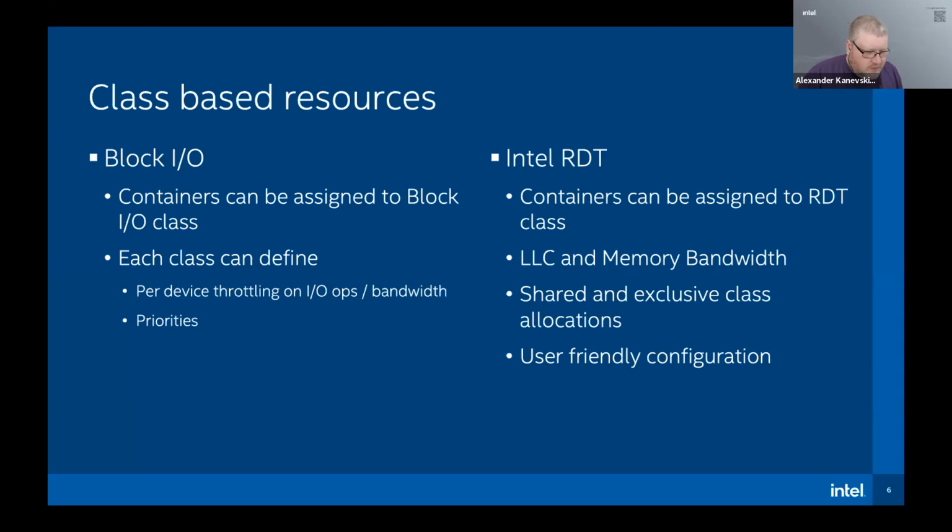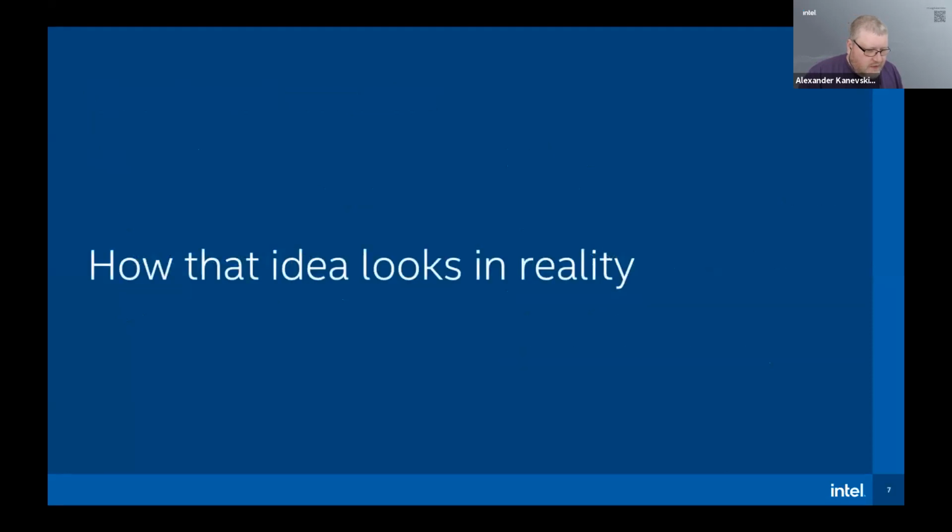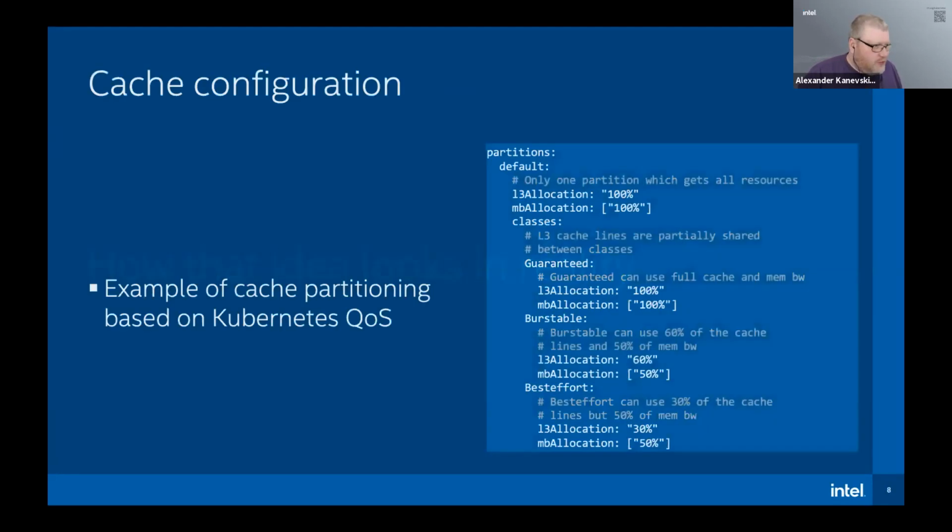The blueprint we actually used for that comes, at the moment, from the early seccomp implementation. I want to hand over to Marcus and Antti so they can talk about the exact examples of cache configurations or block IO configurations.